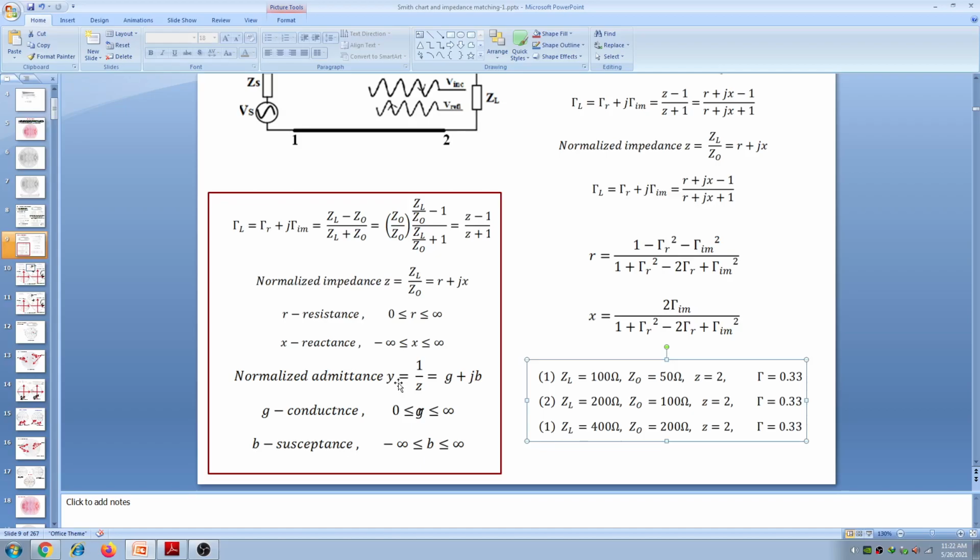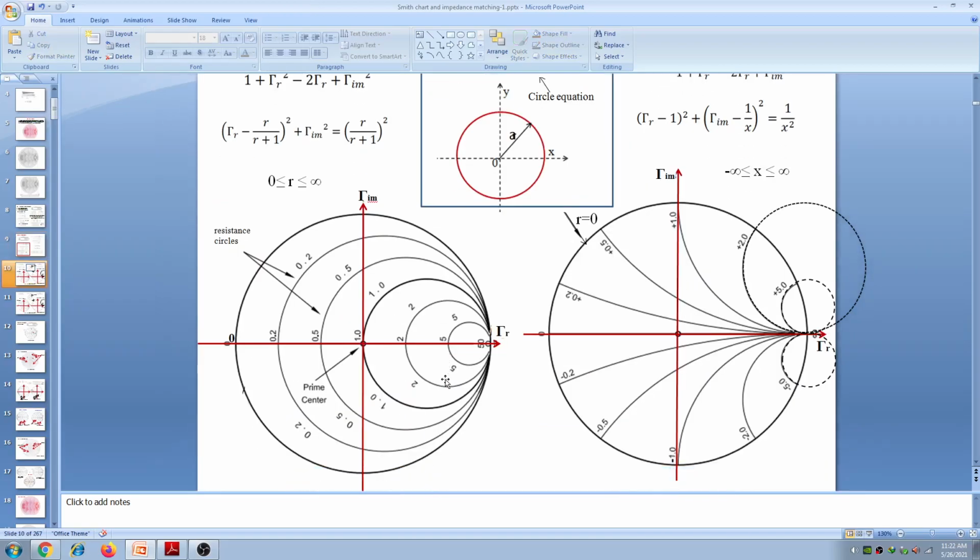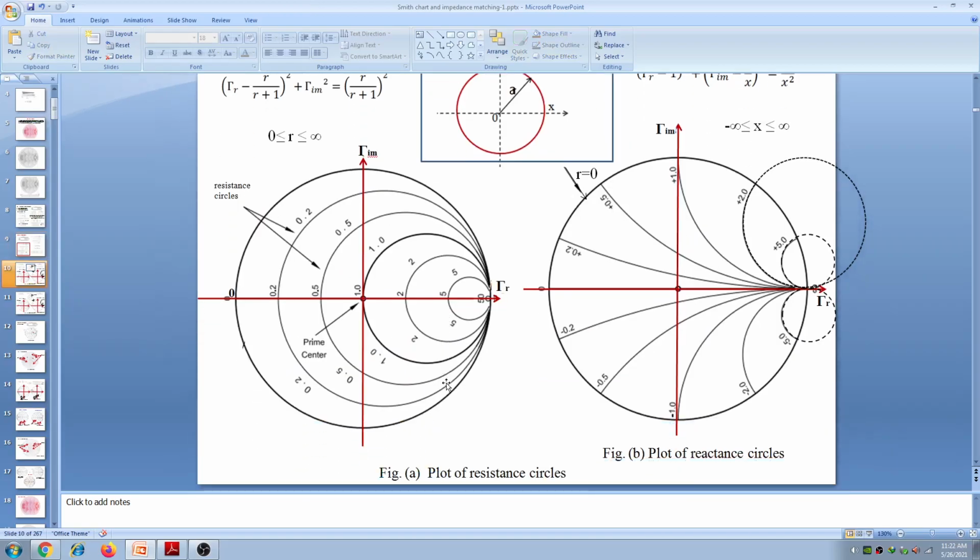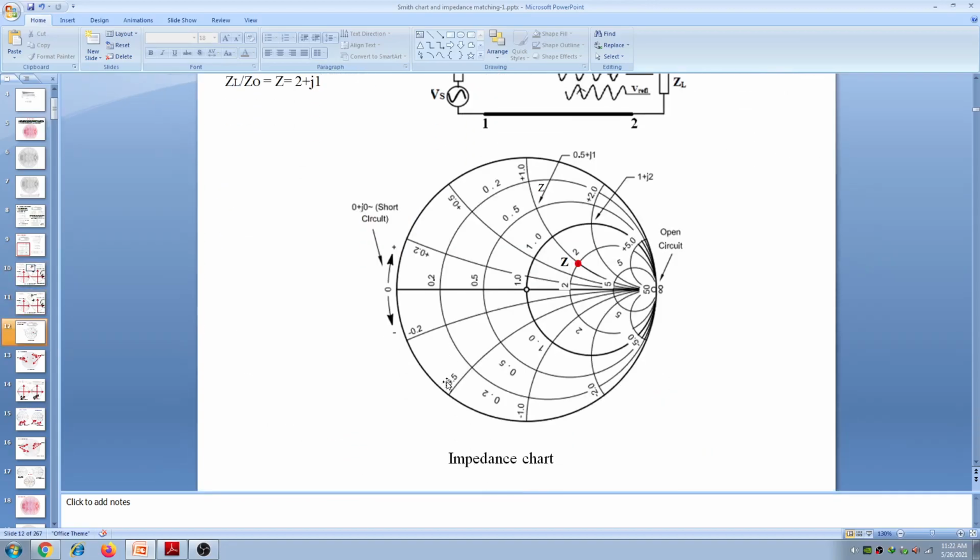Using those circles we can easily find the equivalent admittance of a given impedance. Or if admittance is given, we can find the impedance. If impedance is given, you can find the admittance. Easily we can do that using a Smith chart, without the mathematical calculations. The Smith chart consists of two more circles. They are here.